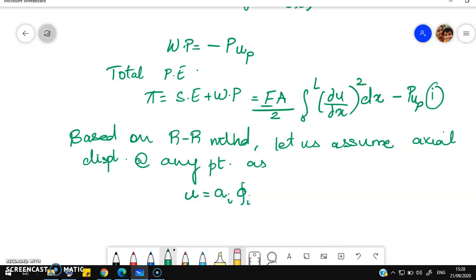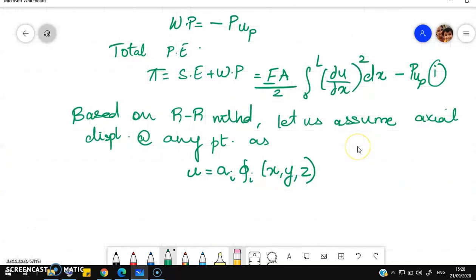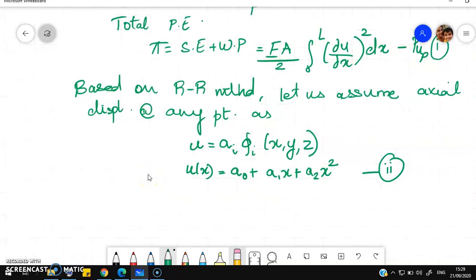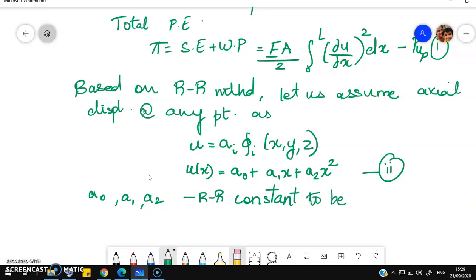It has to be of the form, now we are talking about one dimensional, so there will be no y and z, so the polynomial has to be in terms of only x. So let it be u of x equals a0 plus a1x plus a2x square. So in this equation a0, a1, a2 are Rayleigh-Ritz constants which are to be determined.